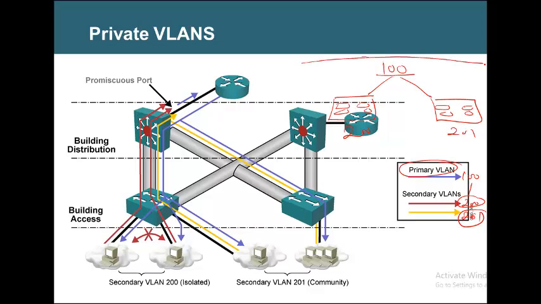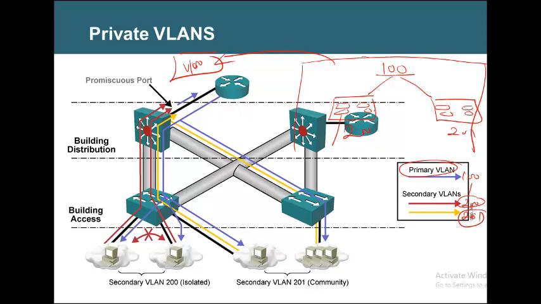So when traffic comes out from the switch, this PC traffic will be seen as VLAN 100 traffic.